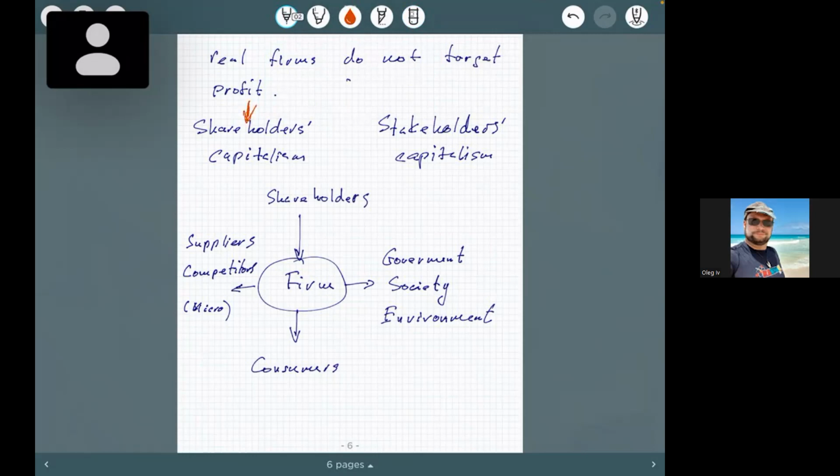So shareholder capitalists believe that the whole existence of a firm is to provide value for these shareholders. So owners of company, and the company itself can operate with entire focus on providing value to its owners.